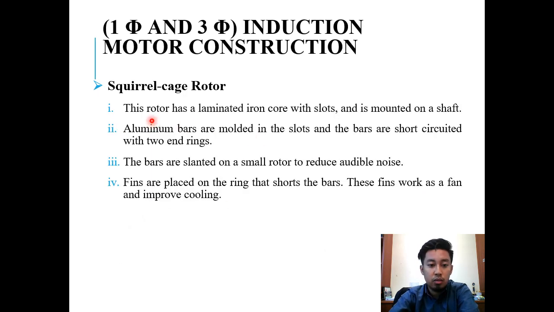This rotor has a laminated iron core with slots, mounted on the shaft. Aluminum bars are molded in the slots and short-circuited with two end rings. The bars are slanted on small rotors to reduce audible noise, and fins are placed on the rings, working as a fan to improve cooling.